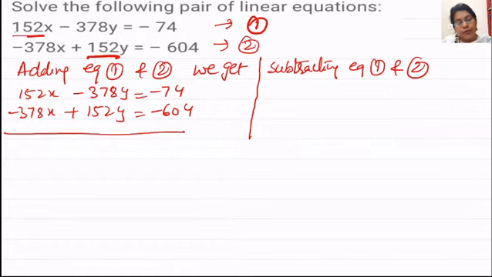Here, when we are adding, then what do we see? Adding 8 minus 2, 6, 7 minus 5, 2, and here again 2.